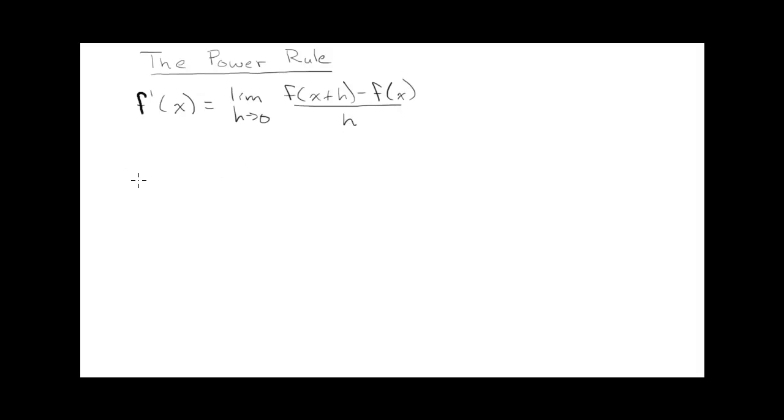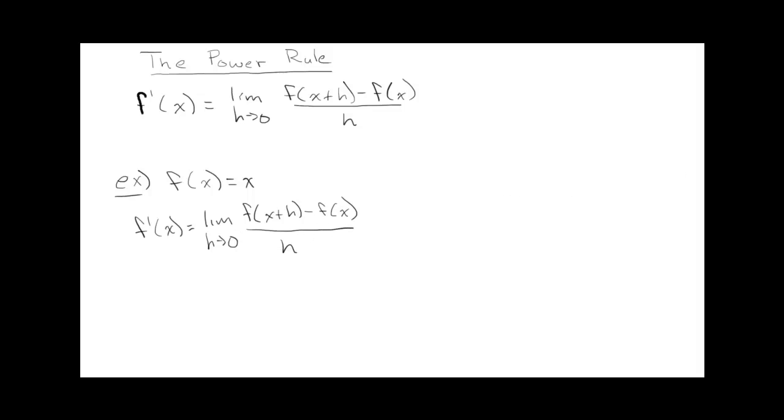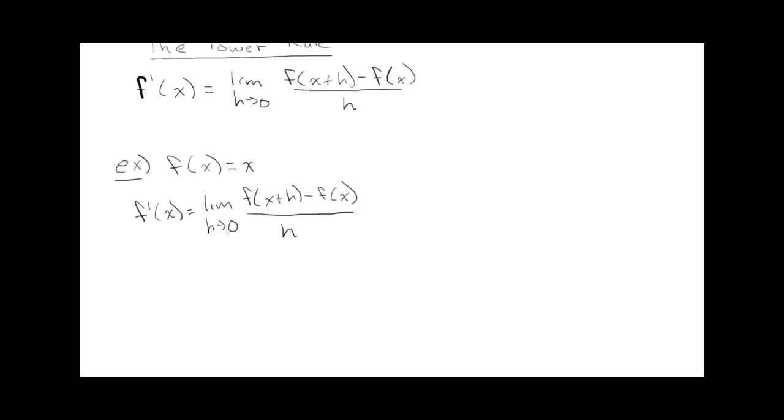Right now, when I ask you to find a derivative, let's say the function was f at x equals x, the only way you have to do that is to put this into this limit definition. So f prime at x equals the limit as h goes to 0 of f at x plus h minus f at x all over h, and then I have to use f at x, which is just equal to x.